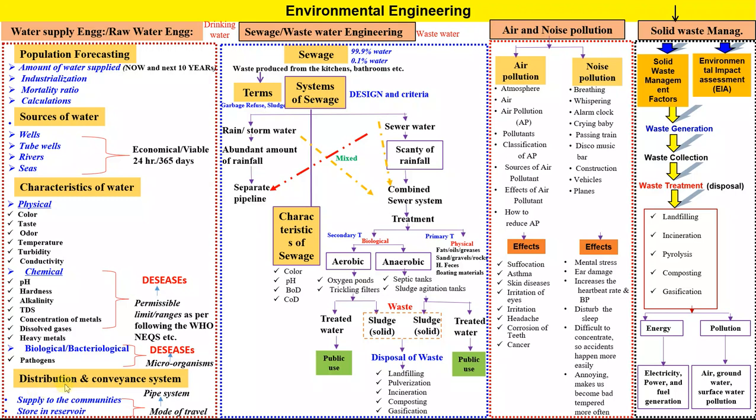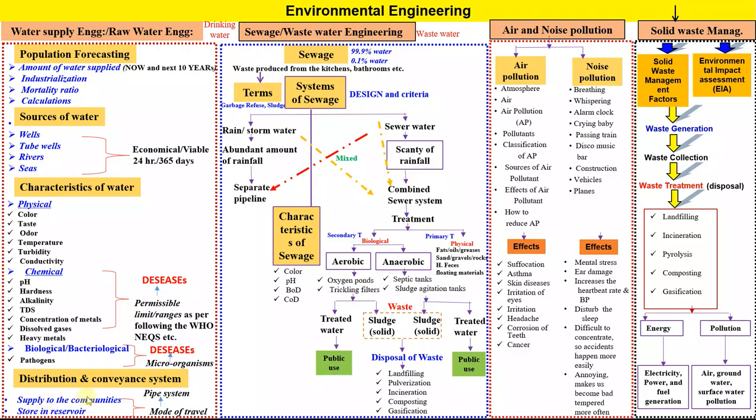After that, we have the distribution and conveyance system, because first we finalize the population forecasting, then we finalize the sources of water, then we investigate the characteristics of water. Finally, after all these, we have to supply the water to the community, either by a pipe system or another mode.